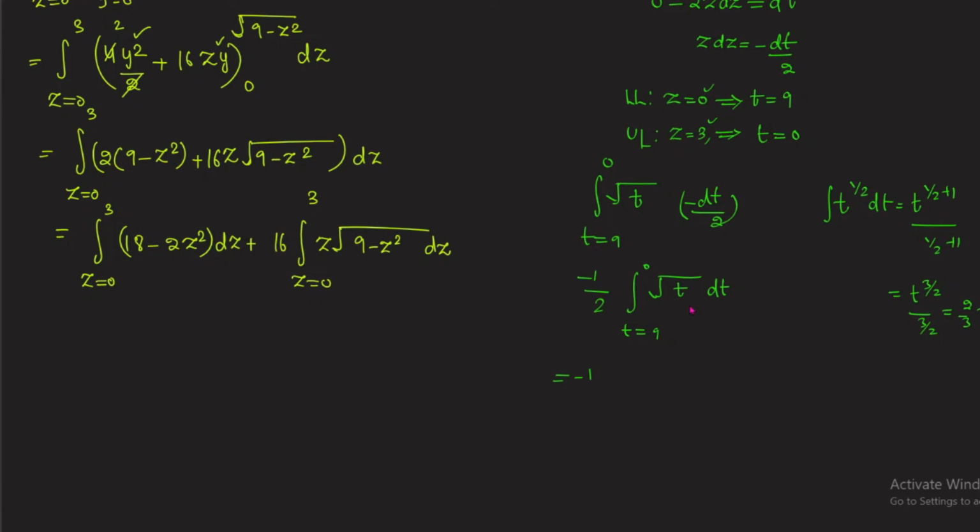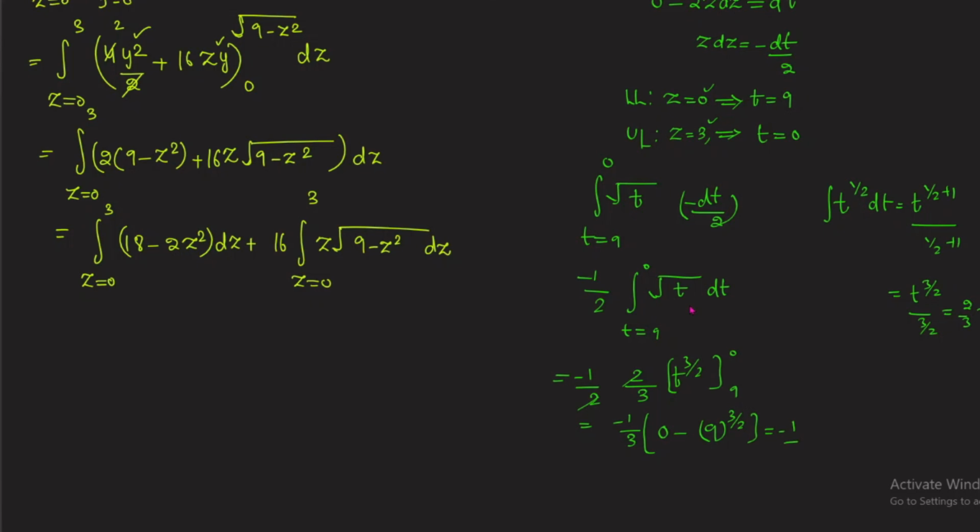So this will become minus 1 by 2, 2 by 3, t power 3 by 2 with limits 9 to 0. Here we have minus 1 by 3 outside, put the upper limit 0, put the lower limit 9 in place of t, we have power 3 by 2.